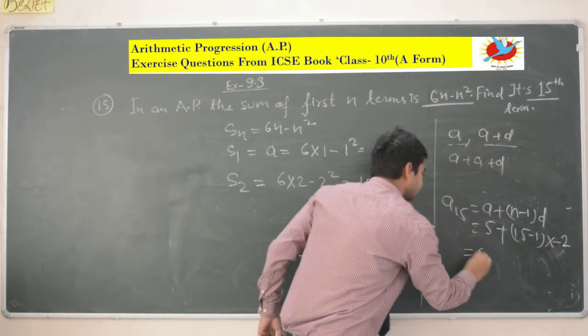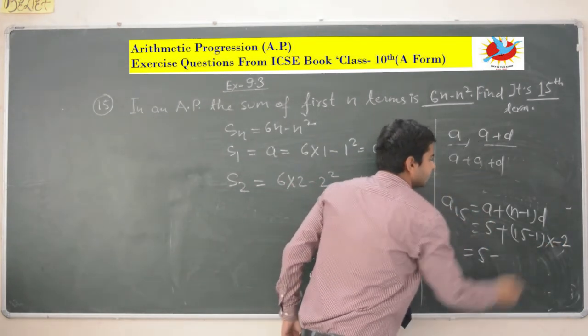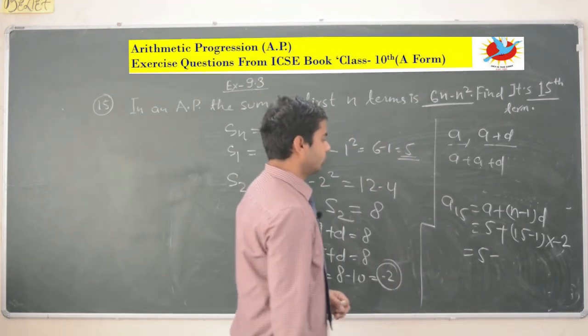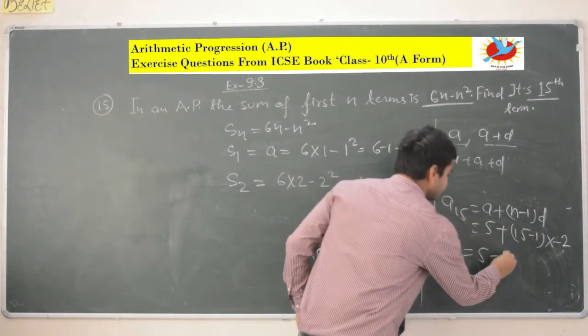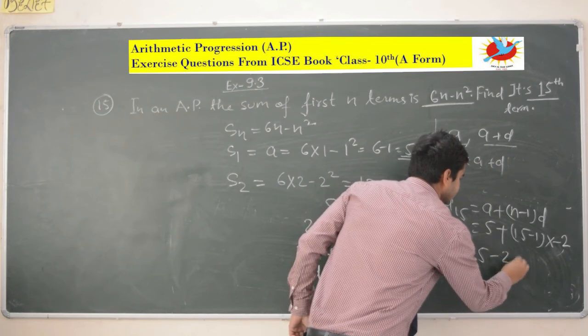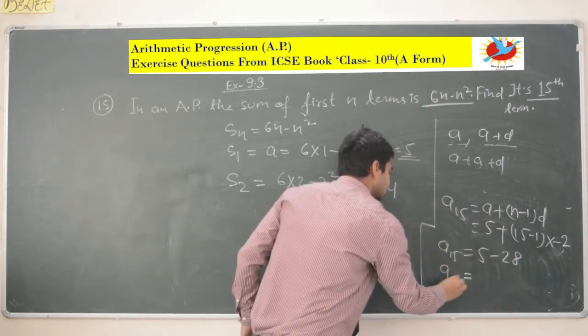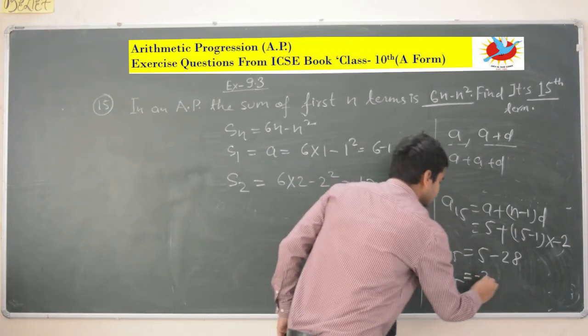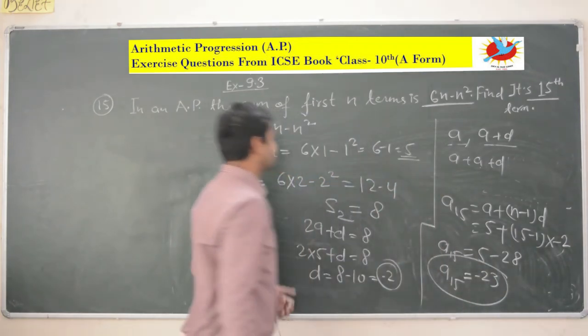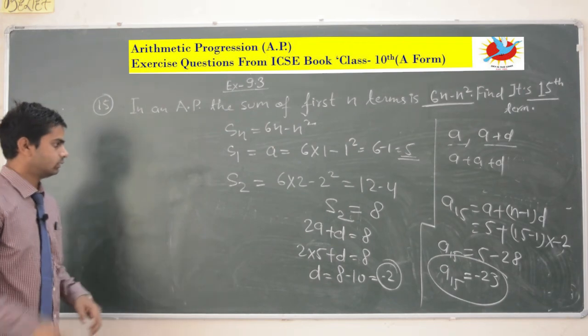So it will be 5 minus 14 into 2, that is 28, so this will be 5 minus 28. If we solve this, we will get a15 as minus 23. So this was the second method. I think this was easier.